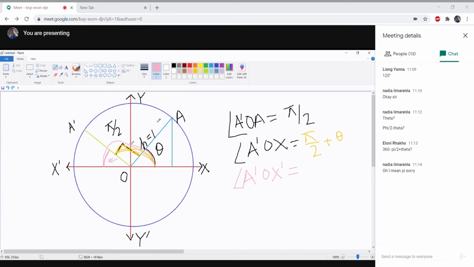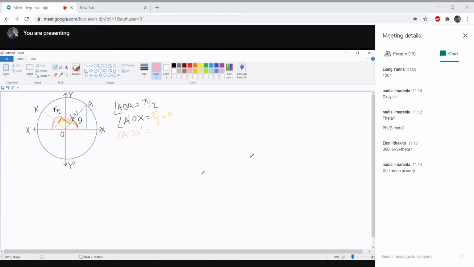This full angle is 180 degree, right? We will not write 180, we will write pi. So this is pi minus, pi minus which angle? This angle, right?